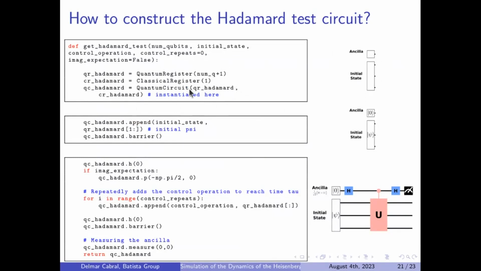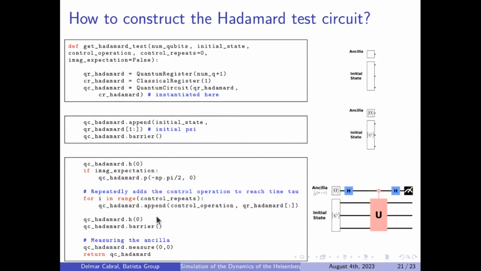We prepare the initial state and the state of the ancilla, and then we adjust the preparation of the ancillary qubit by including the Hadamard operation. If we are calculating the expectation value of the imaginary component of our unitary operator U, we include the phase gate, otherwise we don't include it.